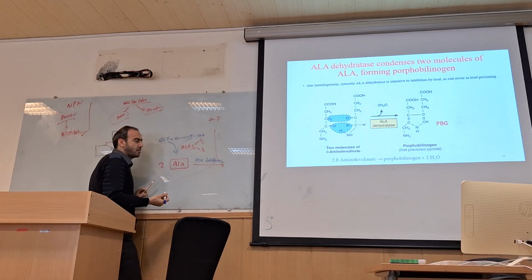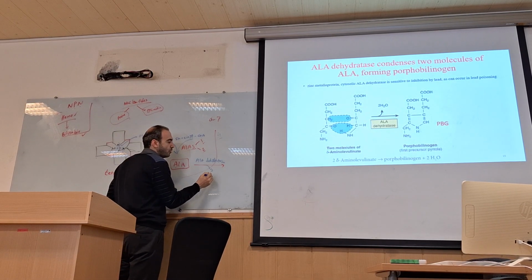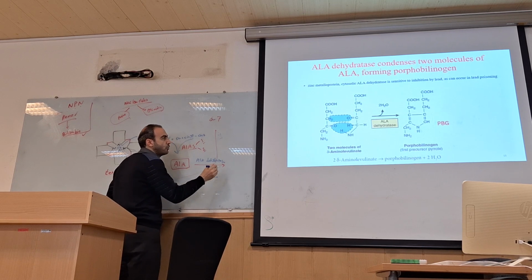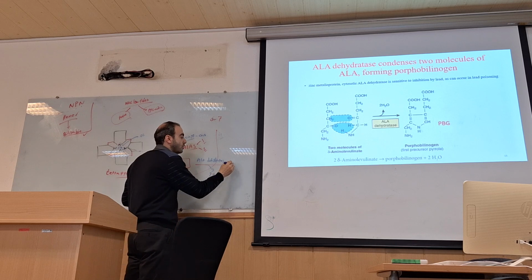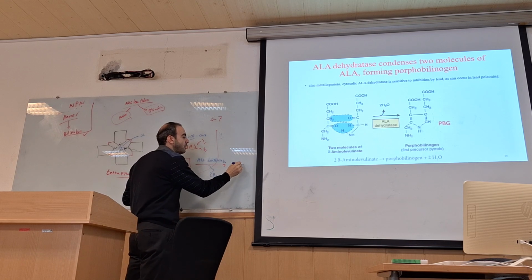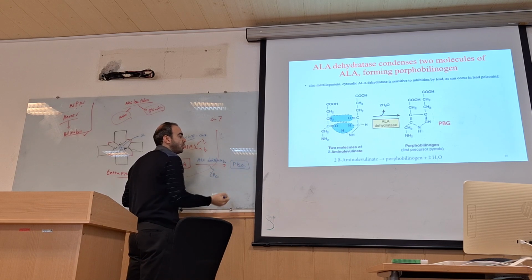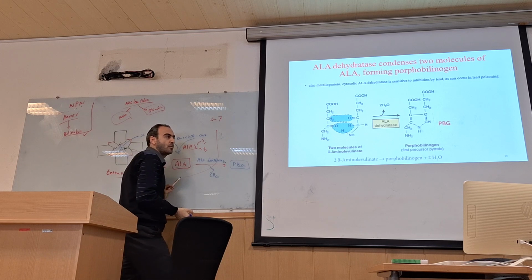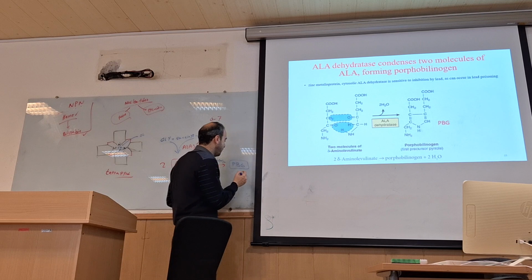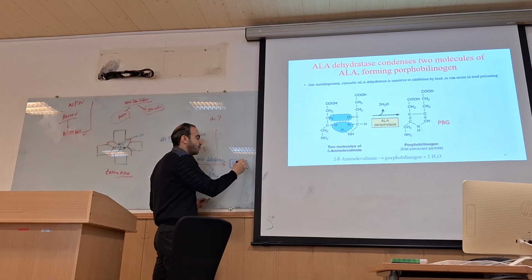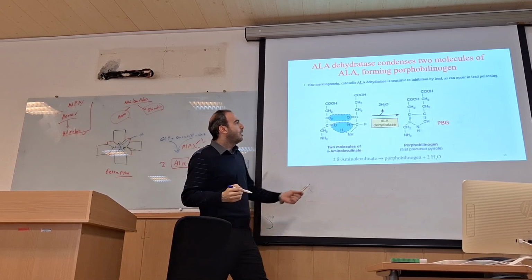ALA dehydratase removes 2 molecules of water and then produces PBG, the other name of which is porphobilinogen. Okay, PBG.